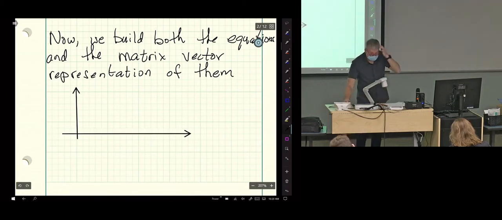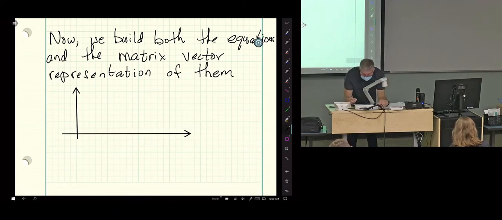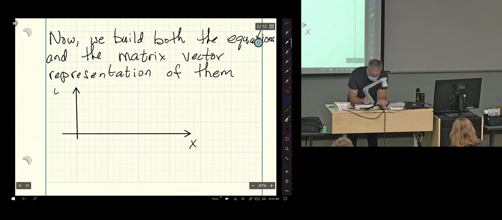okay, so let me label my axes, x and y, and I'm going to start out with 2 data points. Whoops, I have graph paper, so I can do that. That's the point 1, 2, and I'll call that point x1, comma y1. That seems pretty natural.